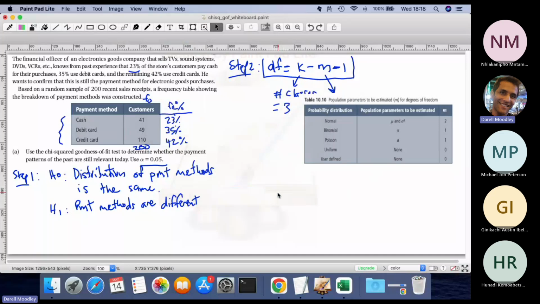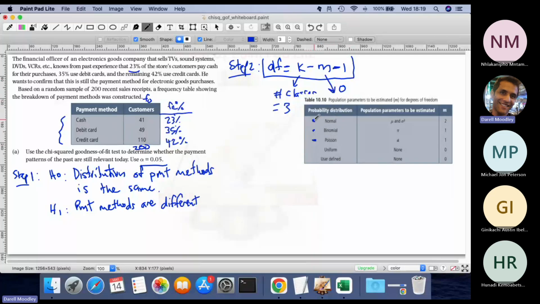Okay, now, in this table, what you need to remember is, if the question doesn't mention anything about a normal distribution, a binomial or Poisson, then assume M is 0. So if you don't see anything mentioned about normal, binomial, or Poisson, then you assume M is 0.